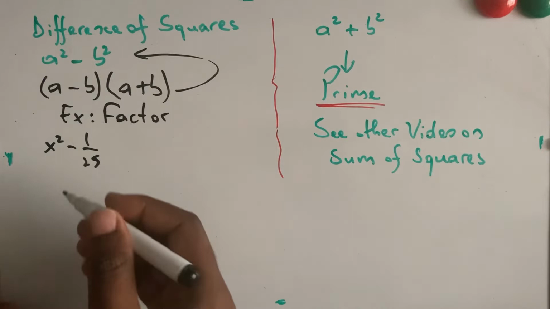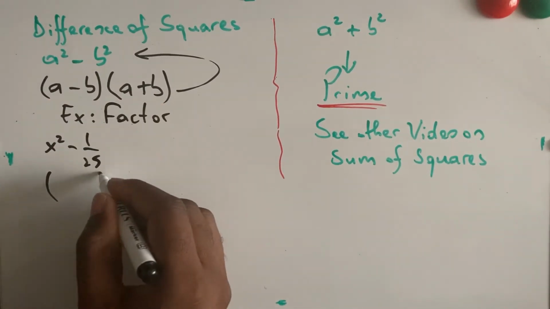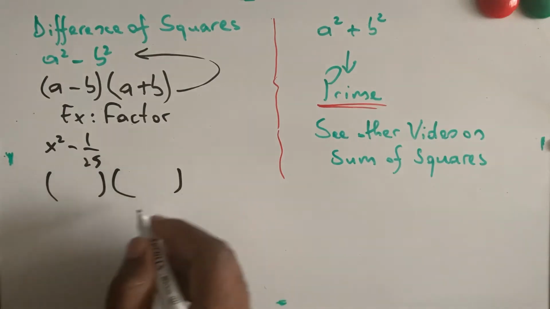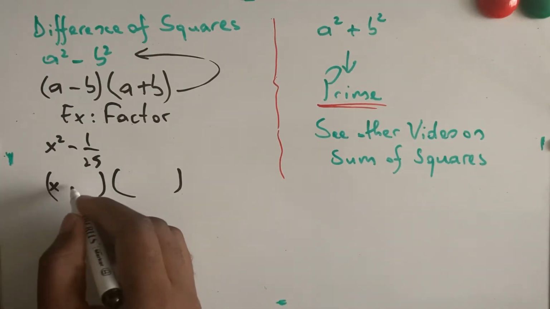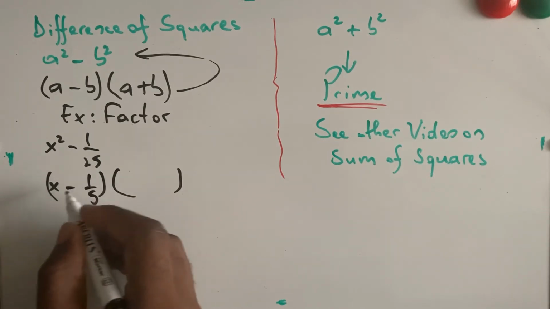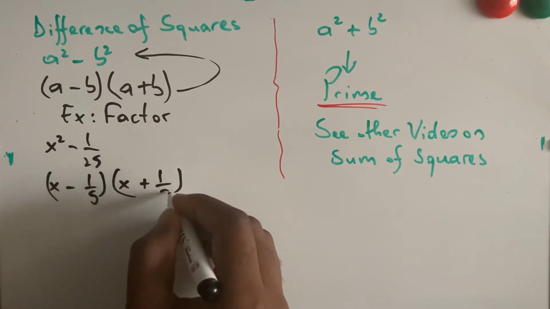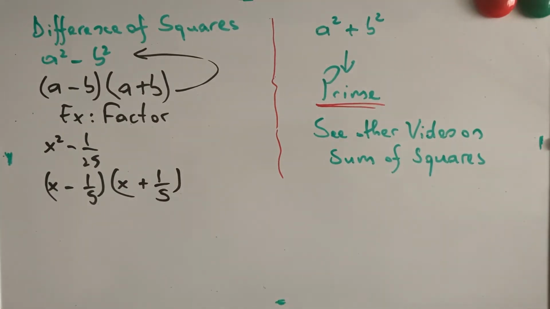So we can use the formula, we can use what we have up there. So let's go factor it. I just use x and 1 over 5. So it's x minus 1 over 5 and x plus 1 over 5. That's it. There's nothing else to do, okay? Because you just need to check to see if they're actually perfect squares.